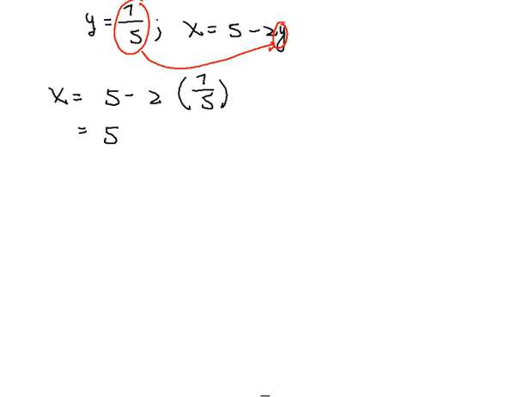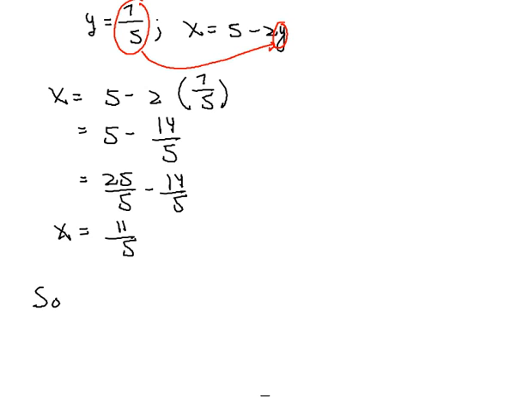We have then 5 minus 14/5. And getting a common denominator, we have 25/5 minus 14/5, or x will be equal to 11/5. And what we'd like to do to end up is to express the solution as an ordered pair.